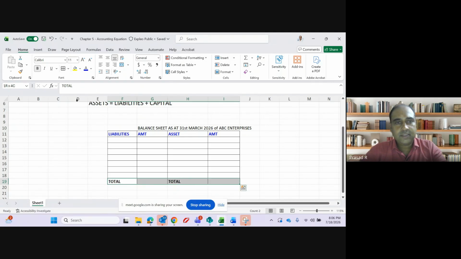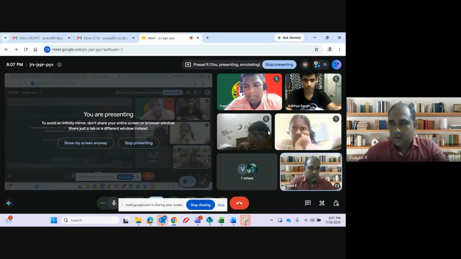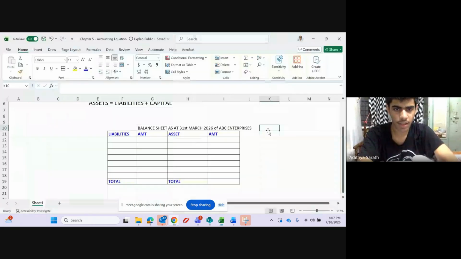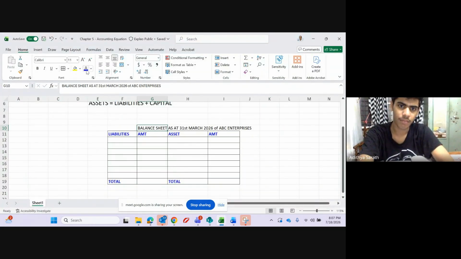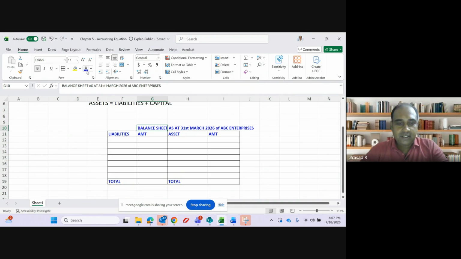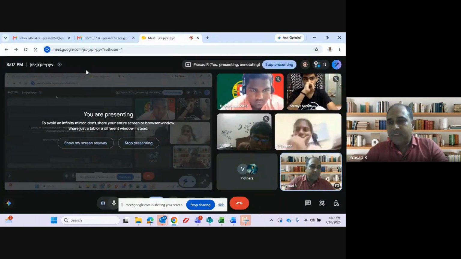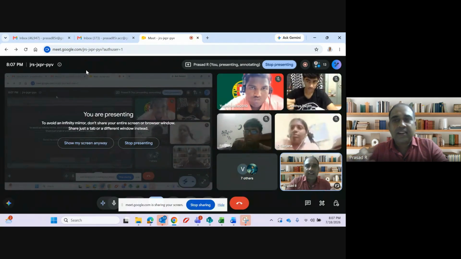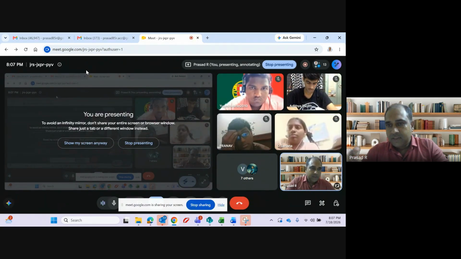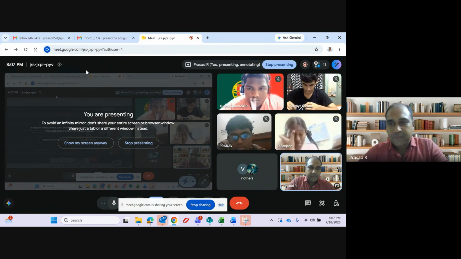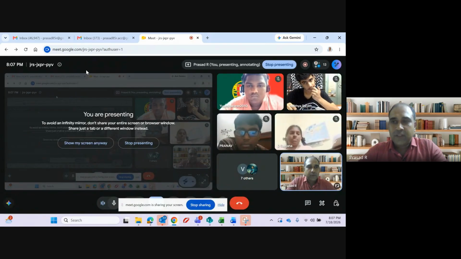Can you see my screen? Yes, sir. I have written balance sheet as at 31st March 2026 of ABC Enterprise. Balance sheet is a concept which I should discuss in the second last chapter, but I will just give a very high level glimpse of what a balance sheet is. Then you will start understanding the accounting equation.